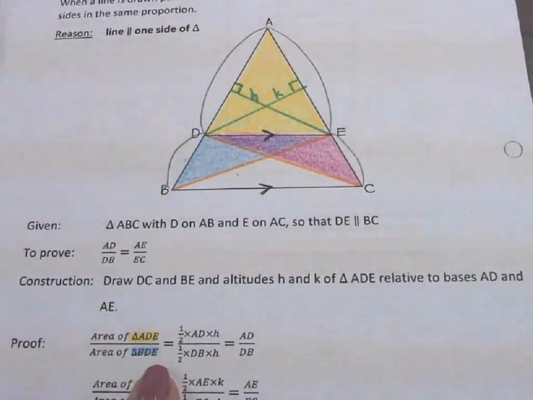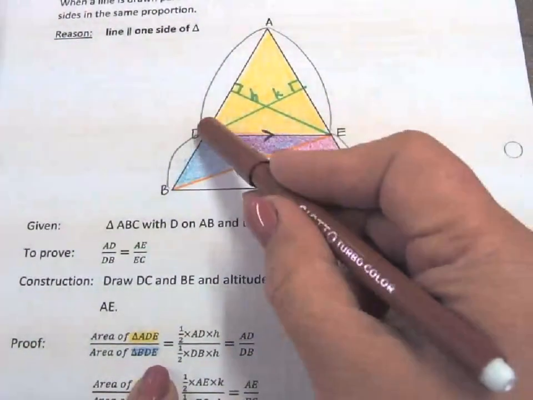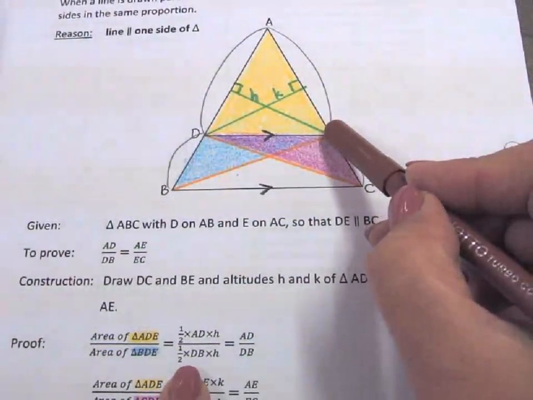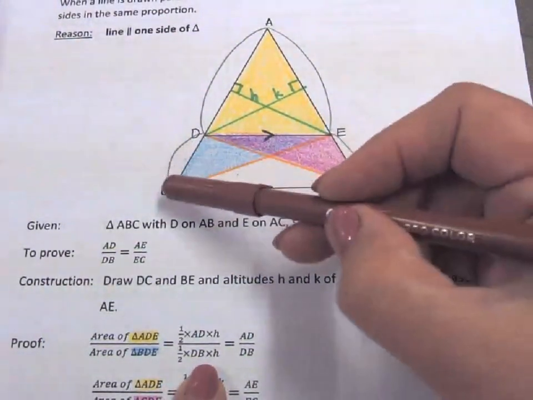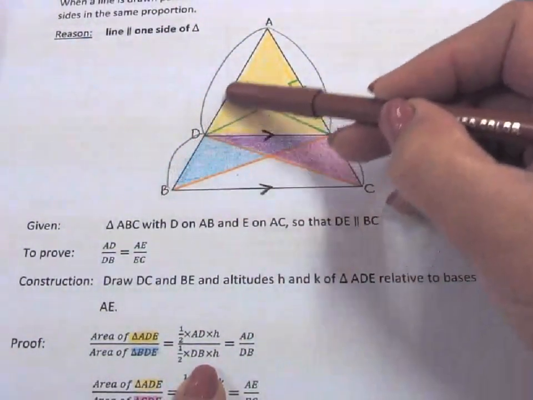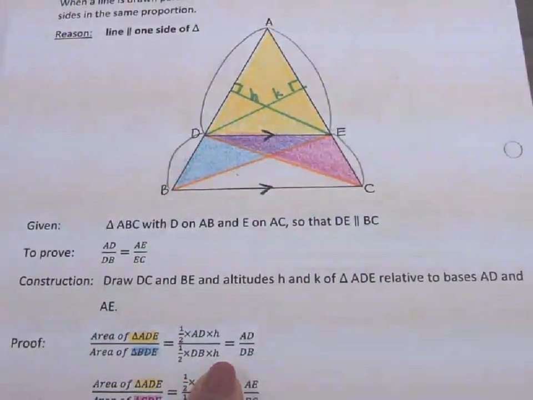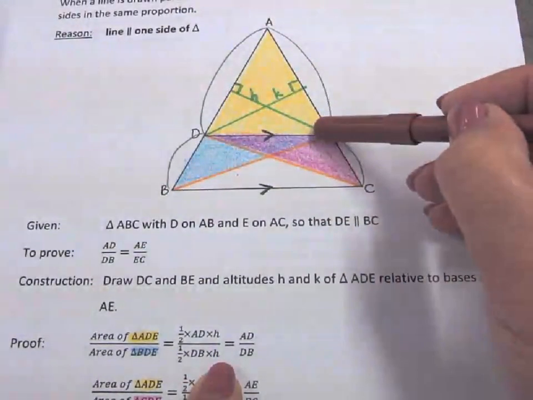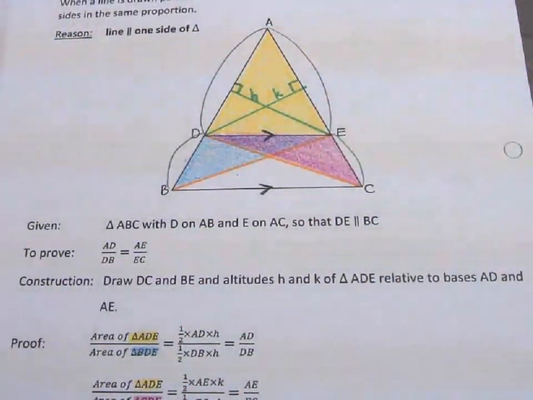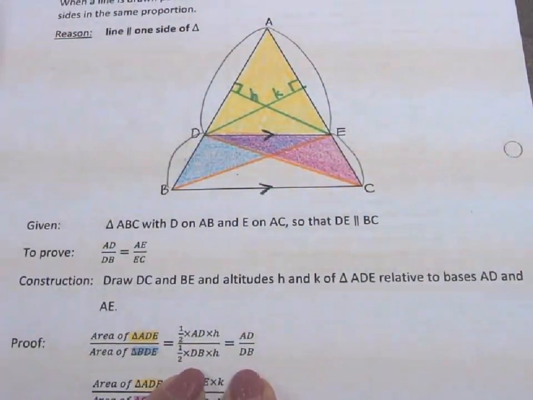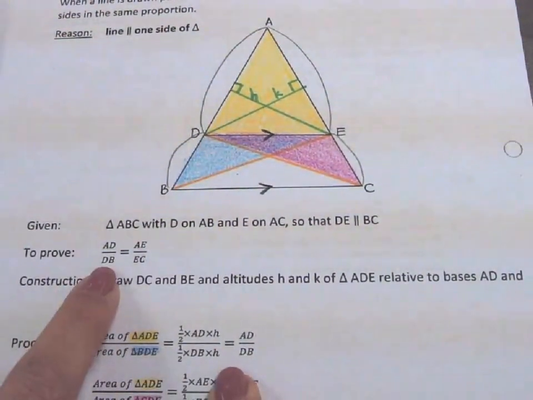And we also calculate the area of the blue triangle. It's half times base. Base is DB, but it's extended, times the perpendicular height H. Okay? And then you cancel out the half, the H and the H, and then what remains is AD over DB. Okay, that's part of what we need to prove.